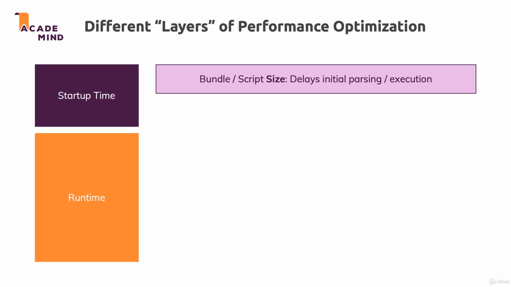But it most certainly will impact how quickly the user is able to interact. Because if your script is needed to add event listeners to a button and so on, then of course, even if the button is visible, the user will not be able to do anything with it if your script hasn't finished downloading yet and isn't available yet. So therefore, the size of the script file really plays an important role here.